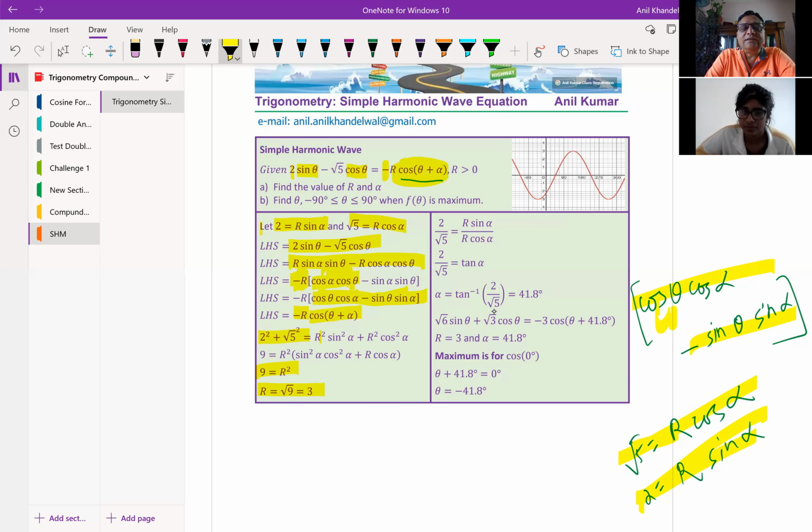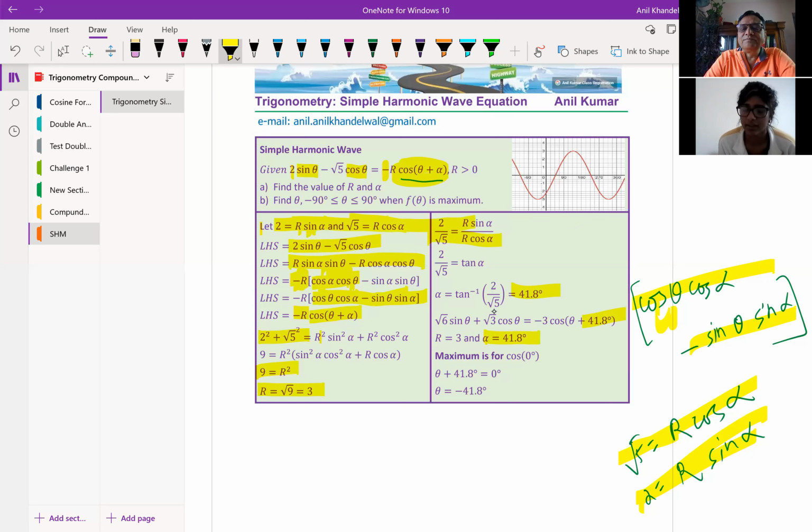To find tan theta, we take the ratio of these two, sine on the top. So 2 over root 5, and tan inverse of 2 over root 5 is 41.8 degrees, like you've shown, and then you just sub those into the format they're asking for. So minus 3 cos theta plus 41.8 degrees. Correct.